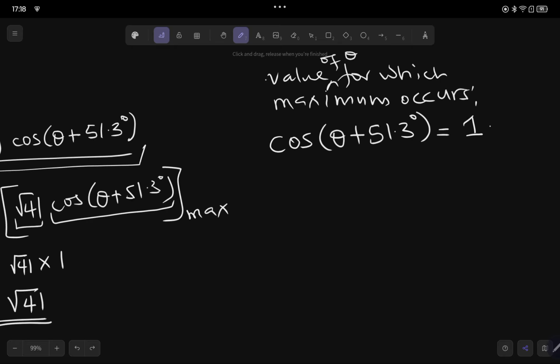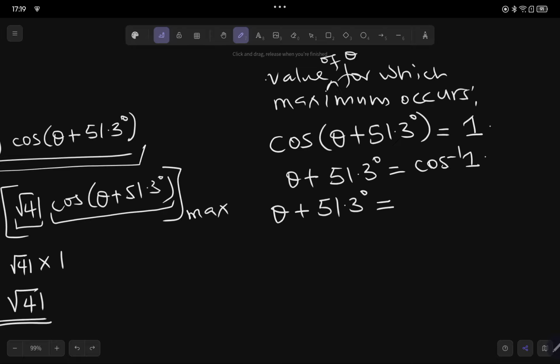That means theta plus 51.3 degrees is the cos inverse of 1. Cos inverse of 1 is 0.